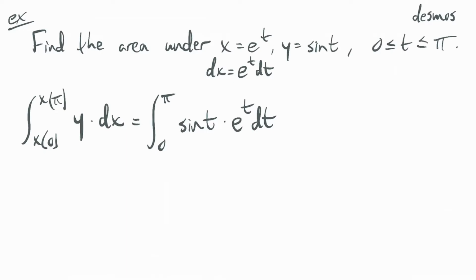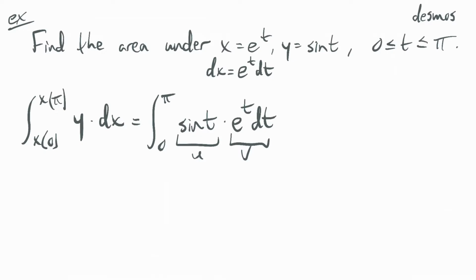Now, this one's not so straightforward. This one's a bit complicated. We're going to have to do integration by parts with, I believe, 2 steps for this one. So it isn't exactly easy, but it's just an integral that we know how to do. So let's get started. I'm going to say that this is my u, this is my v, okay?